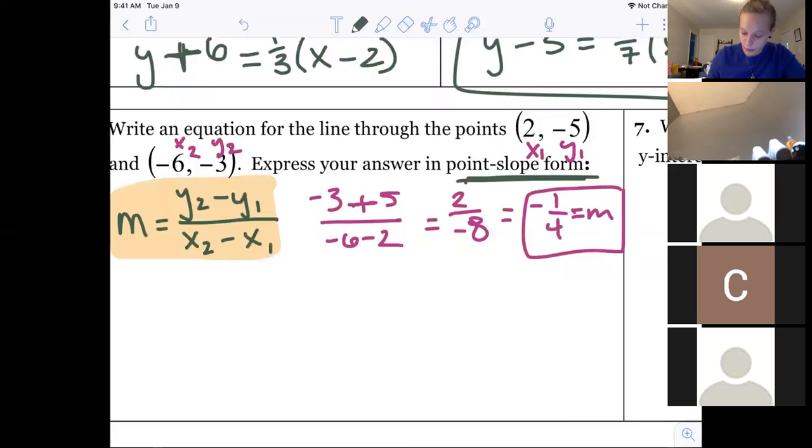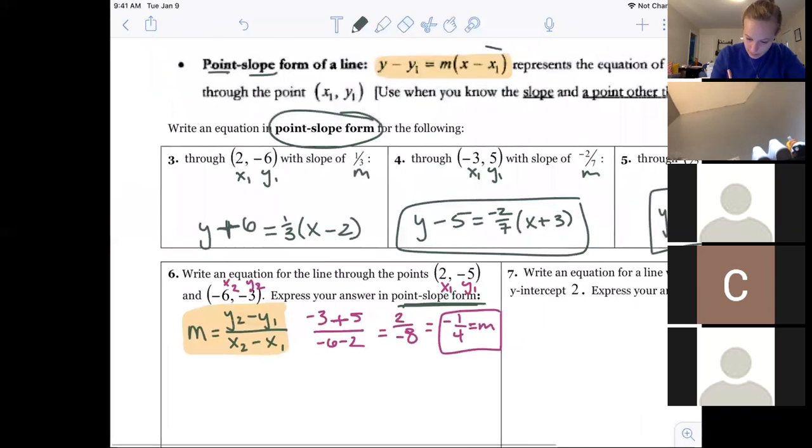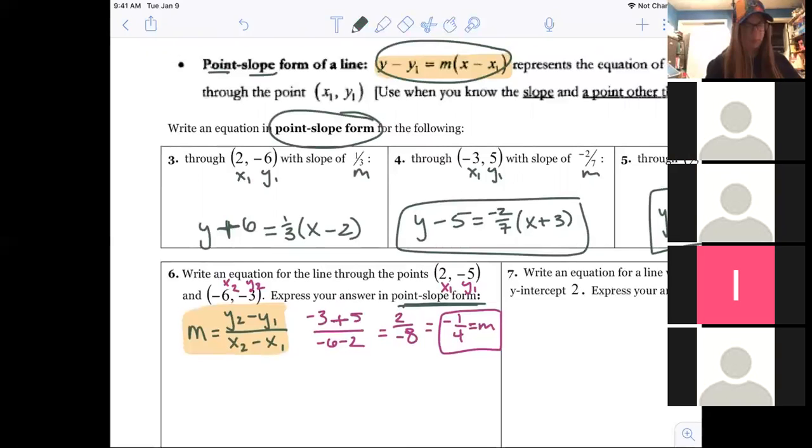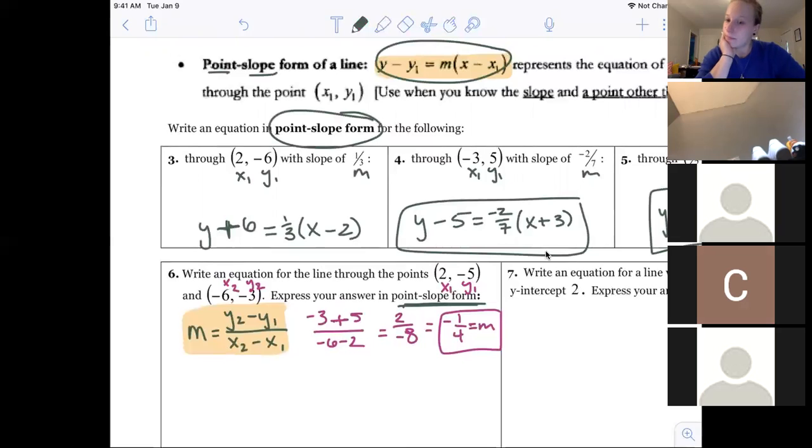In point slope form, this form. Who can help me?